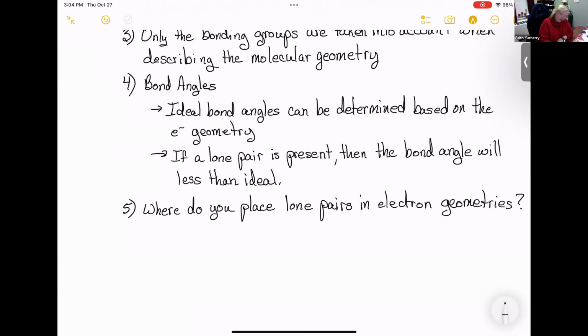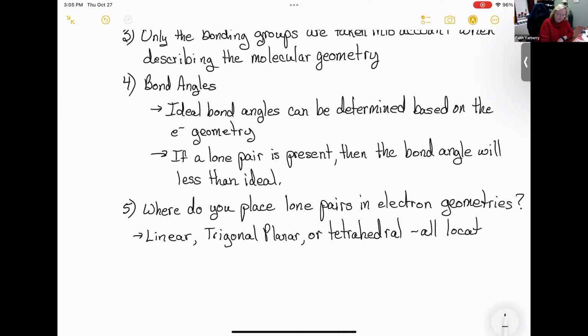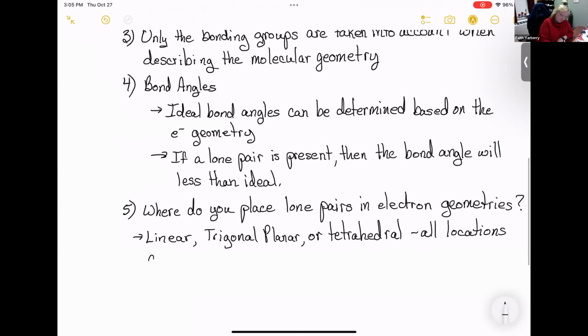So if the electron geometry is linear, trigonal planar, or tetrahedral, all locations are the same, and it doesn't matter where you put the lone pair.